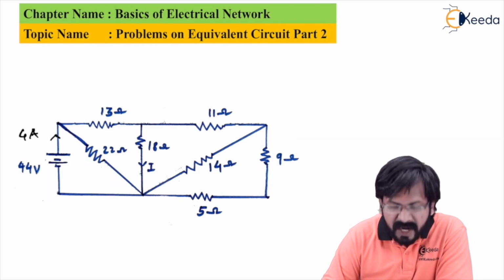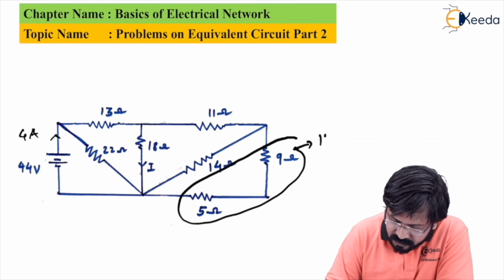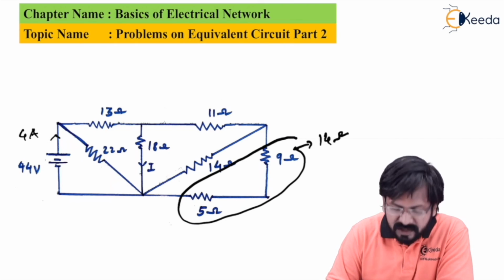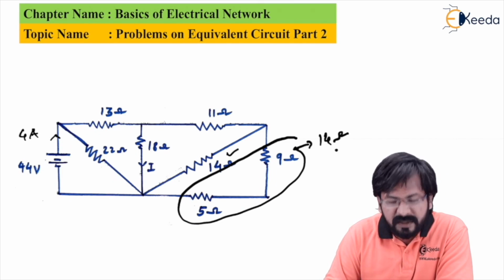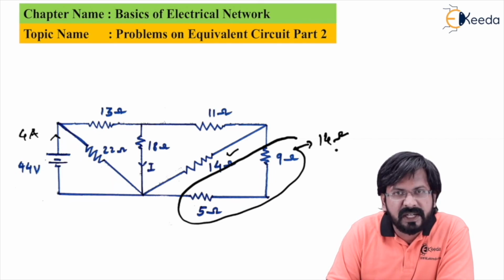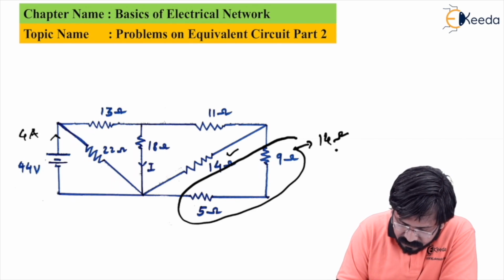We know that 9 in series with 5 became 14 ohms. This 14 ohms came in parallel with the other 14 ohms, became 7 ohms. 7 ohms comes in series with 11 ohms, becomes 18 ohms, meaning that there will be a parallel circuit across this, which will be 18 ohms.